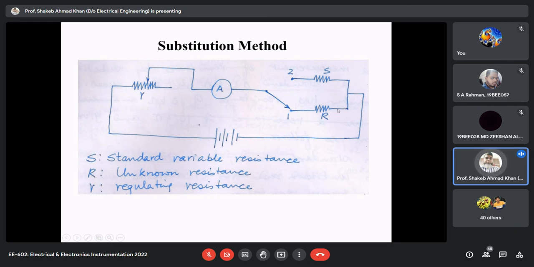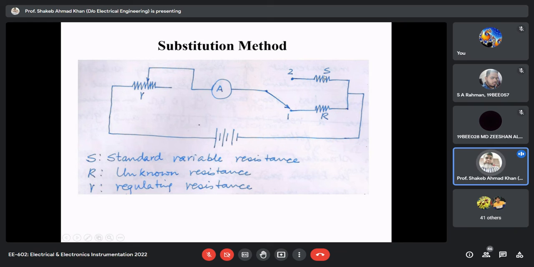And then this is your unknown resistance. So what we do, we connect this switch to unknown resistance, and then we note down the current here, and then we connect it to the standard resistance, and then we adjust the standard resistance.